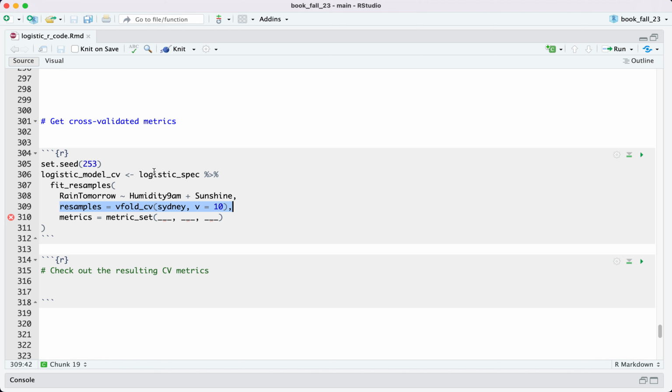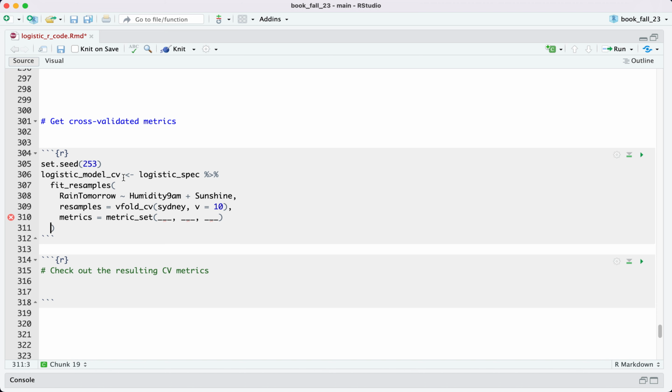And we need to specify how we want to build each of those models. So logistic spec again is saying, what algorithm are we going to use? So for each training and test step in our cross-validation, we're going to use our logistic algorithm specified by logistic spec to model this relationship. And each time we build a training model and evaluate it on a test set, we want to calculate a few metrics.